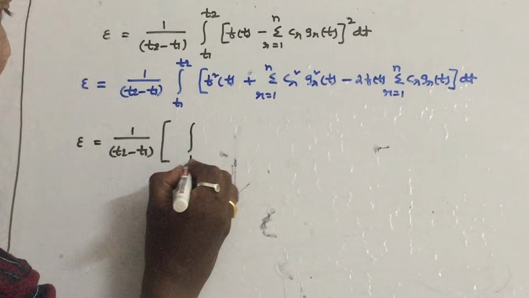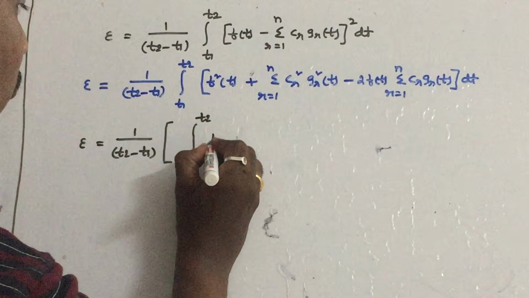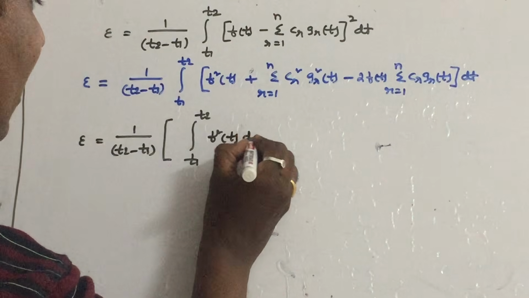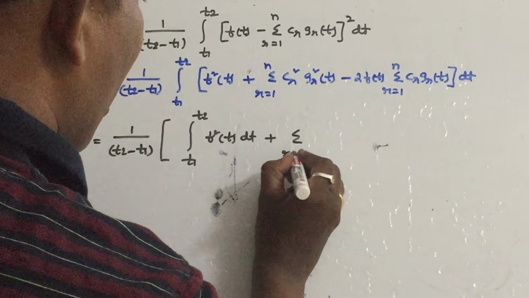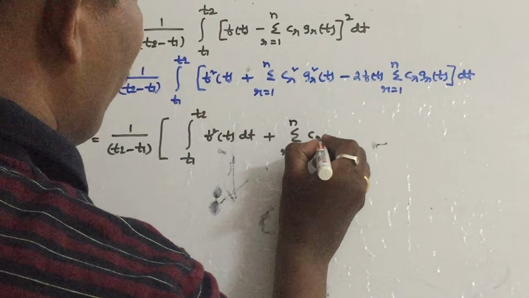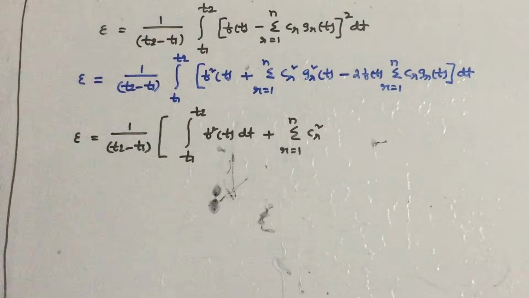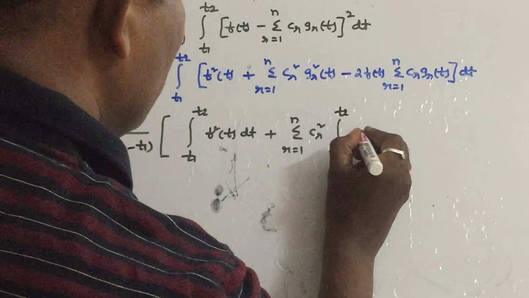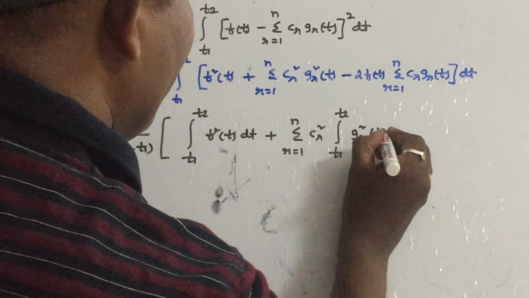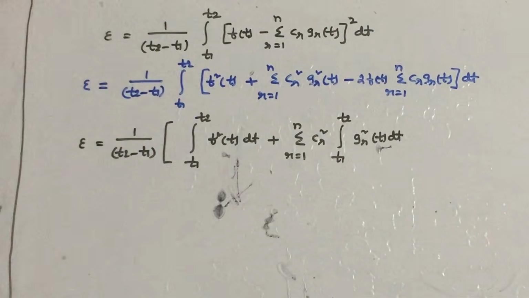So that means integral t1 to t2 f square of t dt. First write this term, plus summation r is equal to 1 to n, cr square. Cr is a constant. So integral t1 to t2 gr square of t dt. Write it in one term.